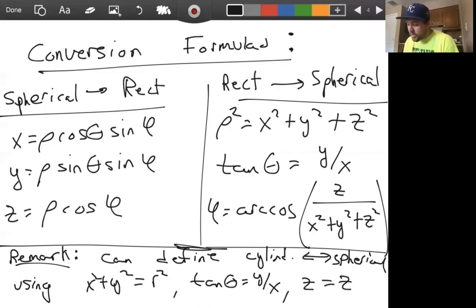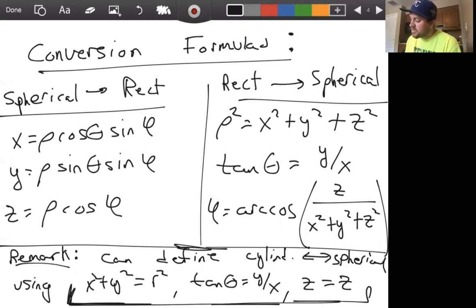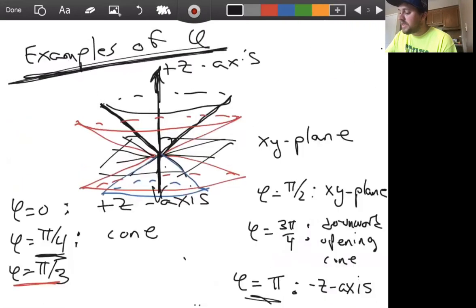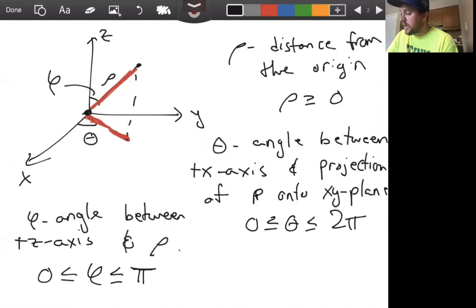There's not much to it, but you can use these, and it can be useful to think about conversions between spherical and cylindrical coordinates. Okay, so hopefully this gives us a good idea of what spherical coordinates are doing.